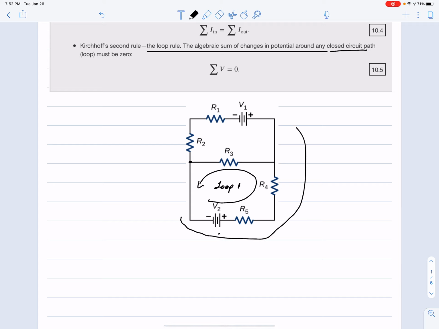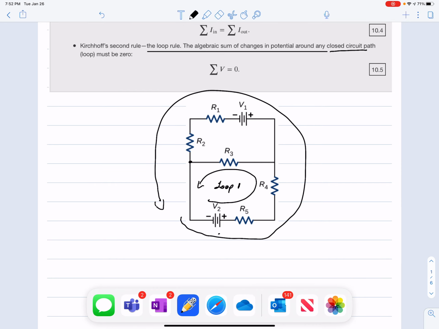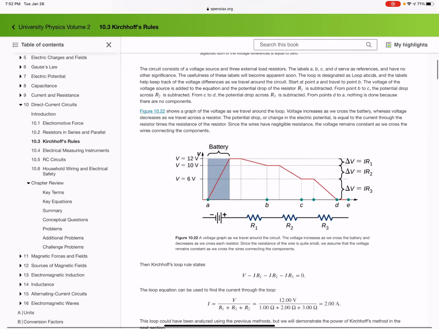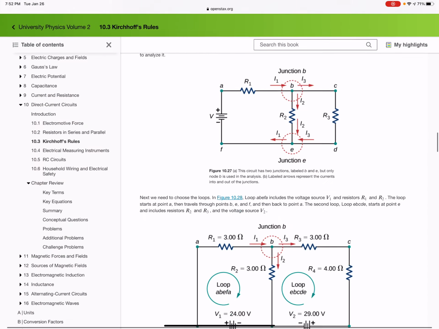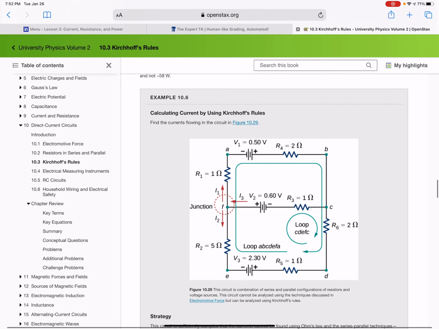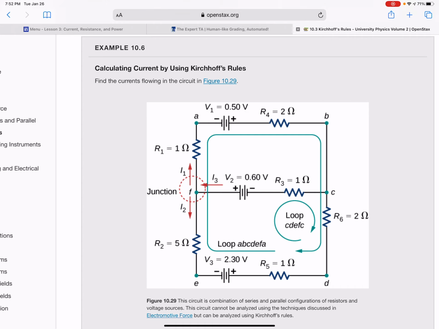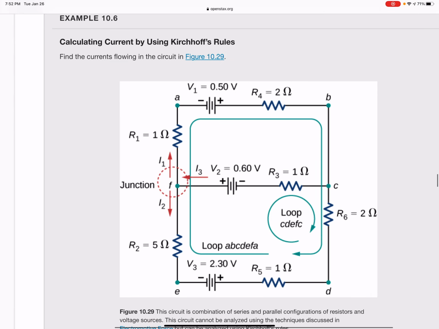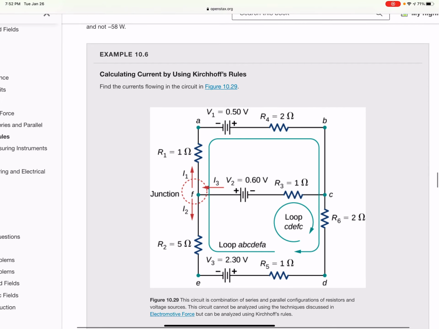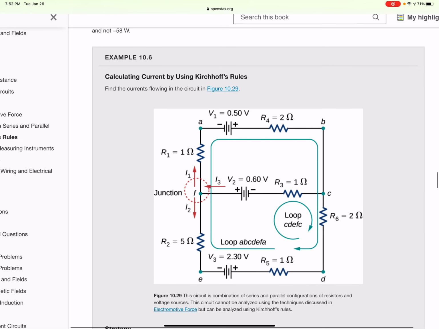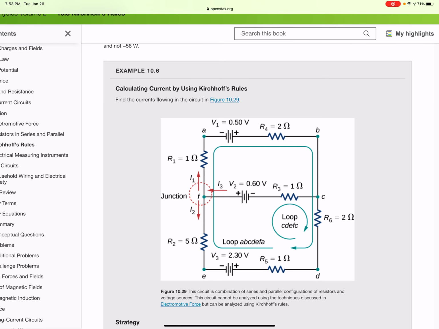You can see that in the book as well, where we have different loops that we try out, and I have it right here. This is a perfect example where it's doing a loop here, C, D, E, F, C, and then it decides to do another loop outside, all around the circuit, A, B, C, D, E, F, A. Okay?